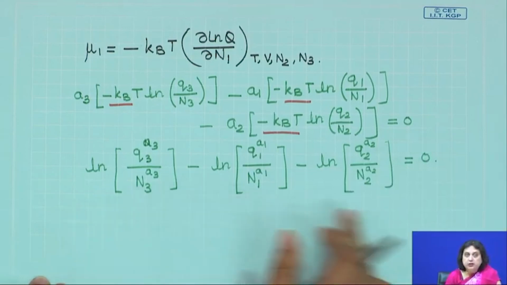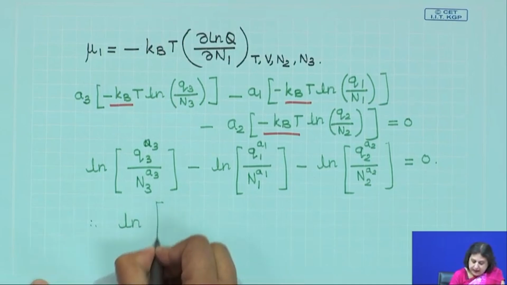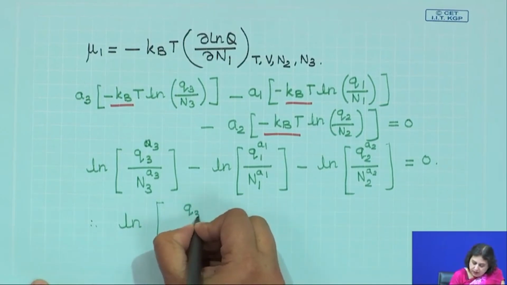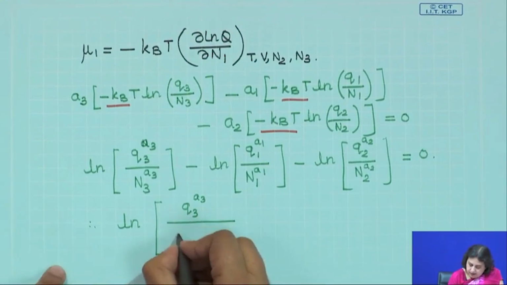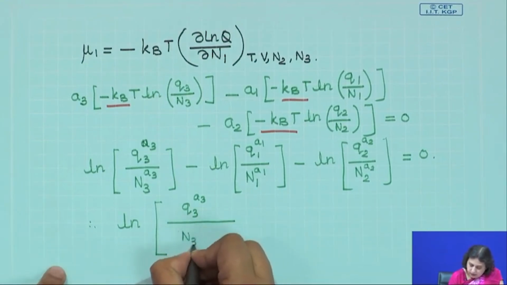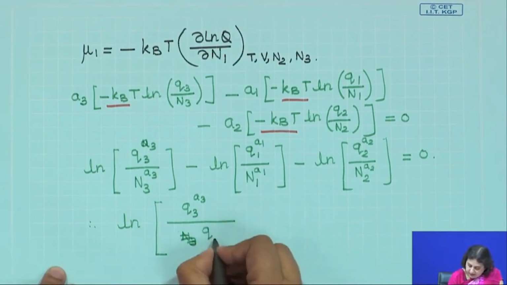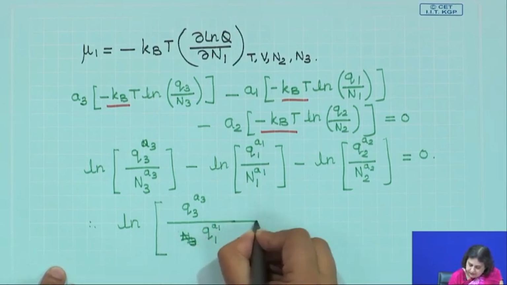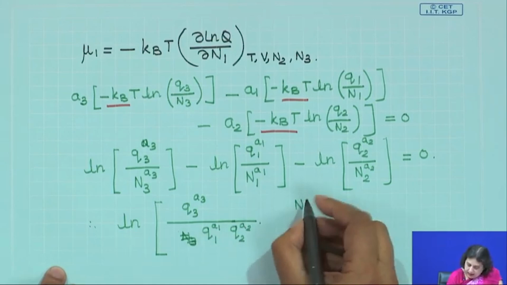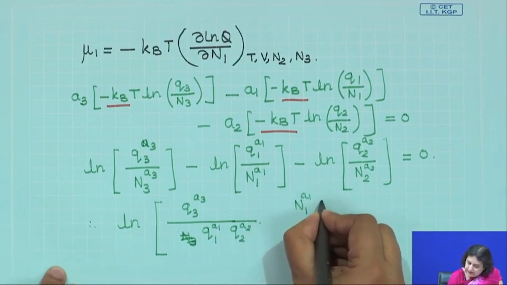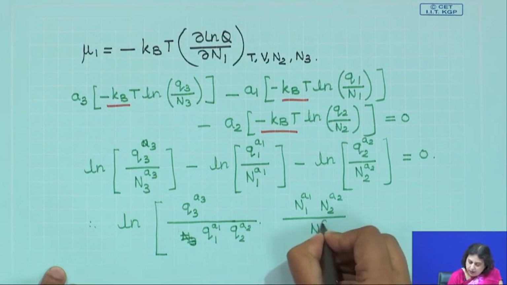Okay. Now, I collect all these logarithmic terms. So, what I get is ln Q3 to the power of A3 divided by Q1 to the power of A1 into Q2 to the power of A2, into N1 to the power of A1 into N2 to the power of A2 divided by N3 to the power of A3.